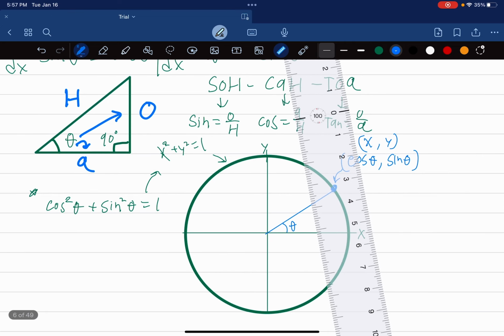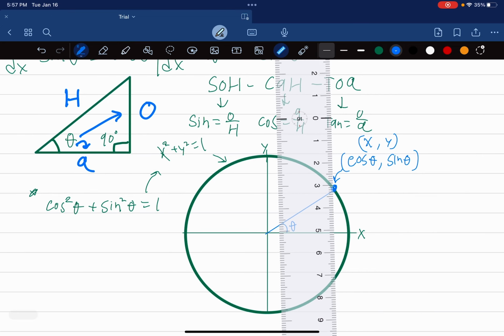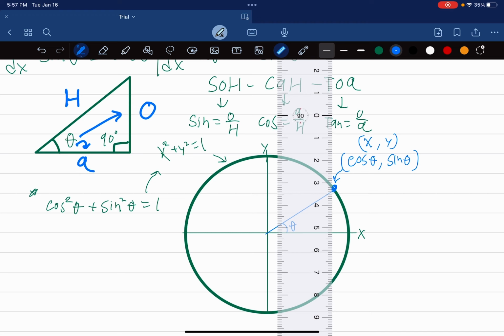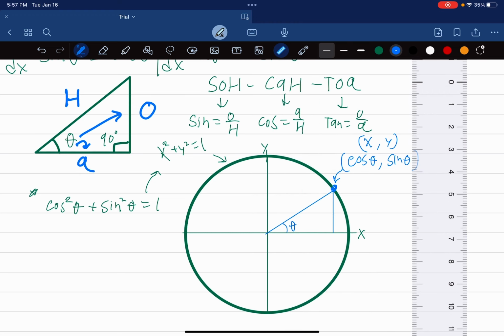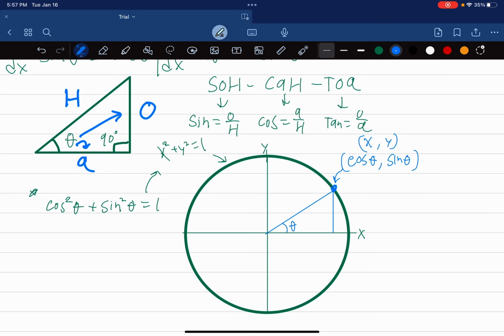We have our line like that, and we have a right angle here, right? So basically, by saying this is your cosine and this is your sine, that means that this is your x direction, right? Because it's along your x-axis, and this is your y direction, right?